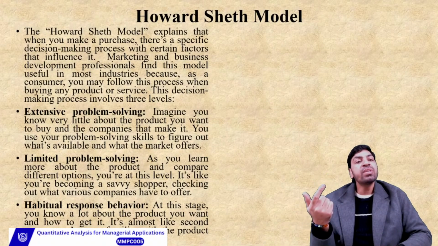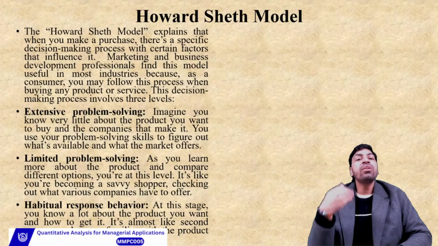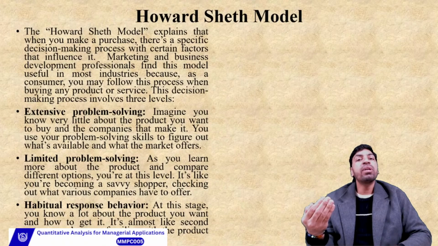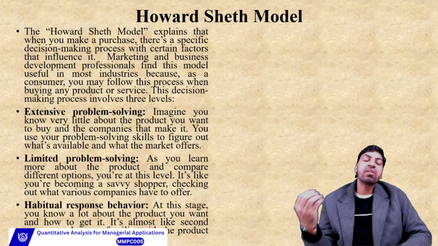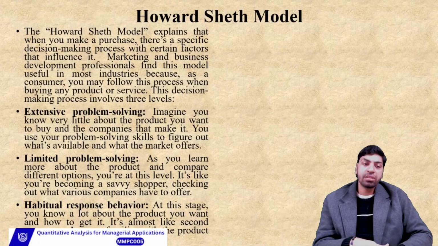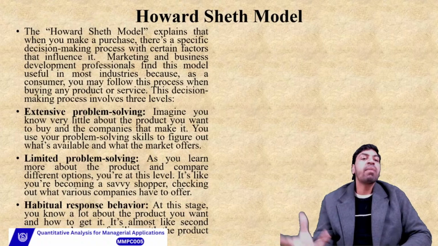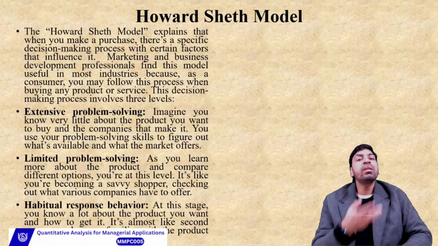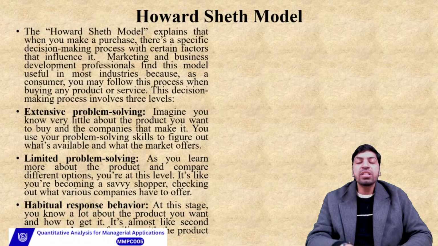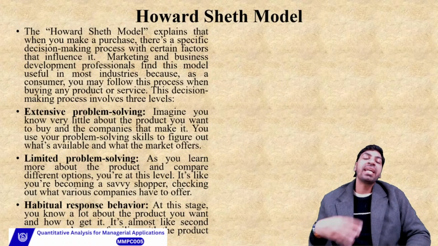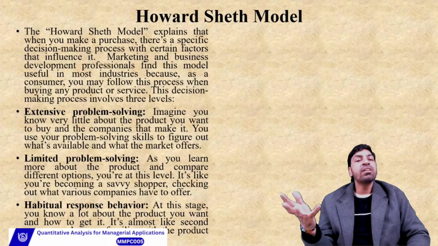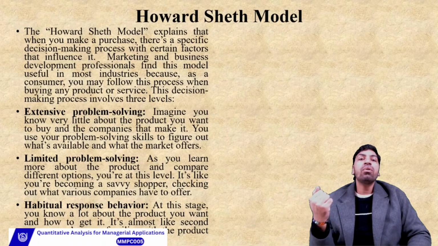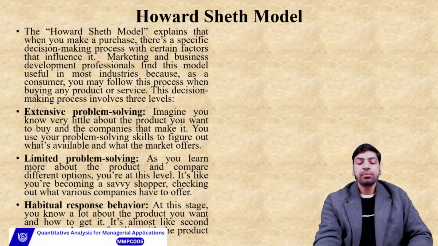And that's the main reason most of the industries prefer this model, because they prepare the product according to the needs or preferences of the consumers, and the consumer will buy the product after researching and getting all the information on their own. That kind of model is called the Howard Sheth model.